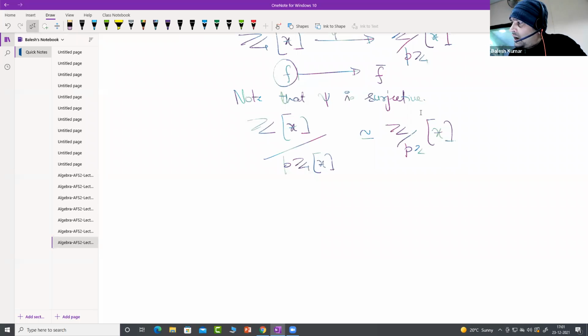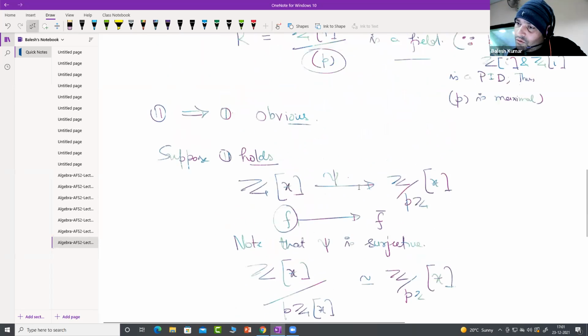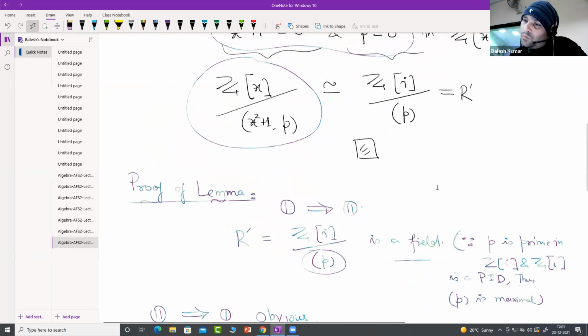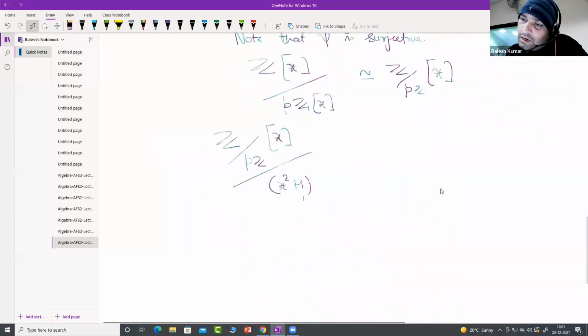And so if we try to use that relation, we can see that Z mod pZ of x, using the relation x square plus 1 equal to 0, means we need to go modulo the ideal generated by x square plus 1. One can in fact prove, using the third isomorphism theorem that you have studied, that this is precisely isomorphic to the ring R dash.